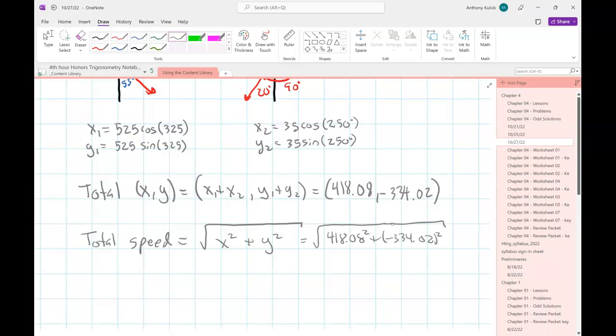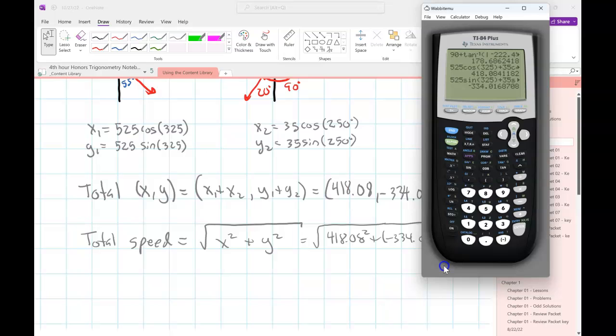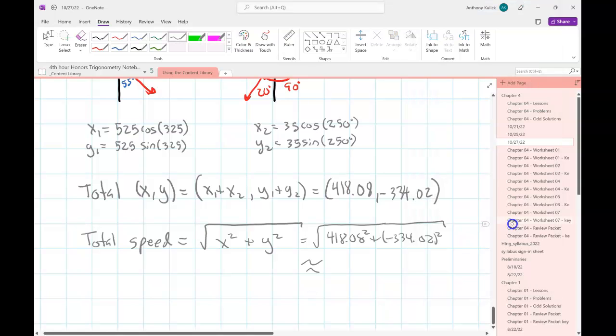Just use the distance formula with the origin and that total position. So 535.13, and this would be miles per hour.